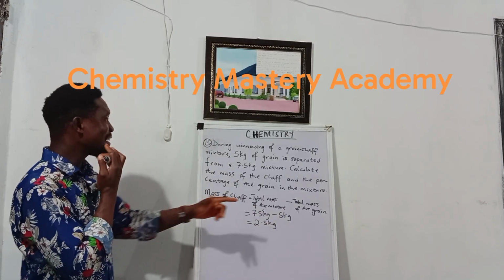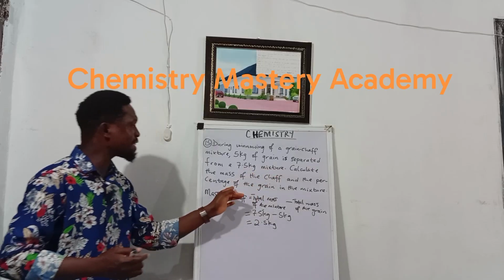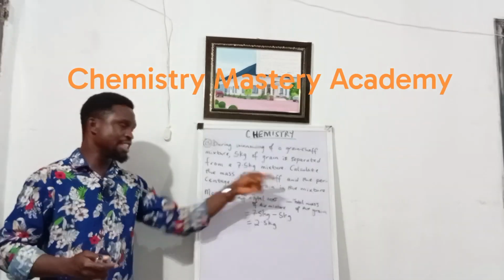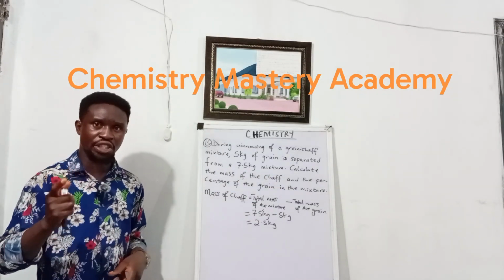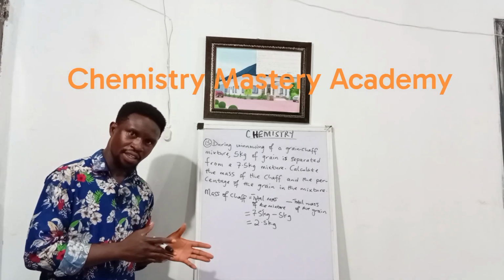Now, that's the first part of the question. Now we have to look for the second part, the percentage of the grain in the mixture. So now our focus is on the grain. Alright?